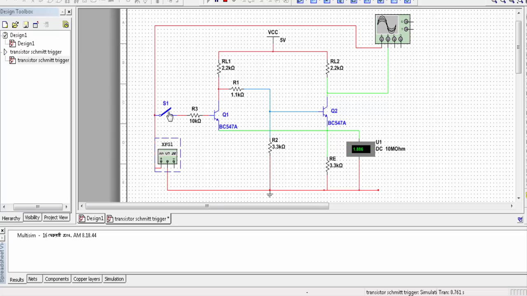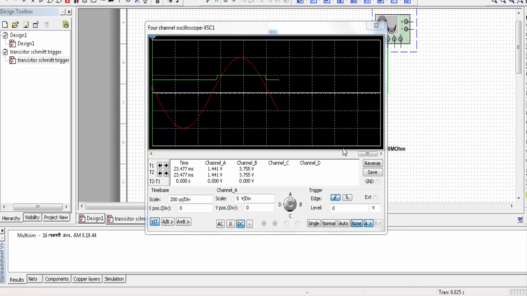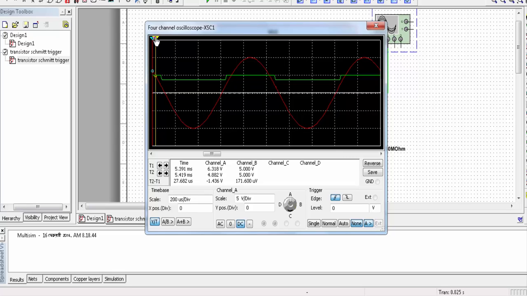Now if I supply the input voltage, you will see that in the oscilloscope I will get a square waveform like this. When the input voltage is greater than the upper triggering point, see here, our output voltage will be at plus VCC level, and when the input voltage is less than the LTP, our output voltage will be at VCC minus IC2 RL2 level.